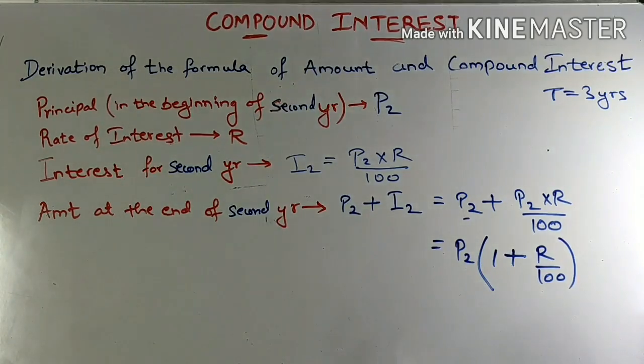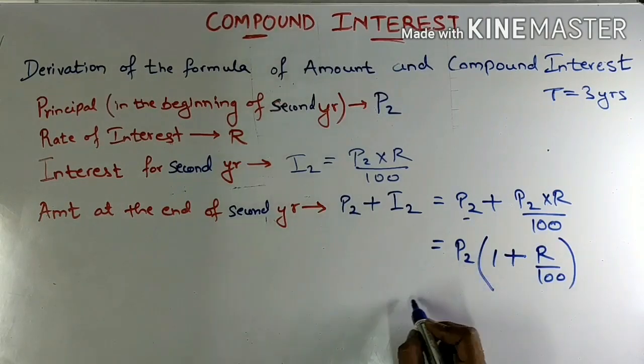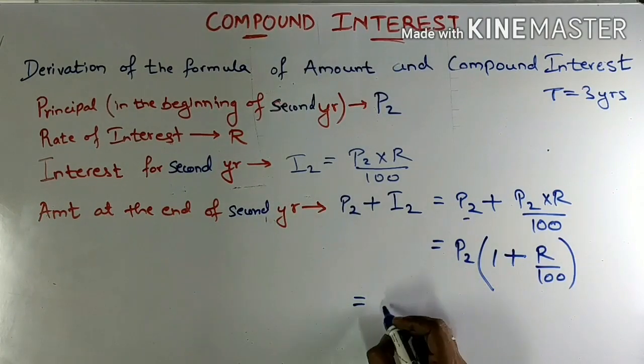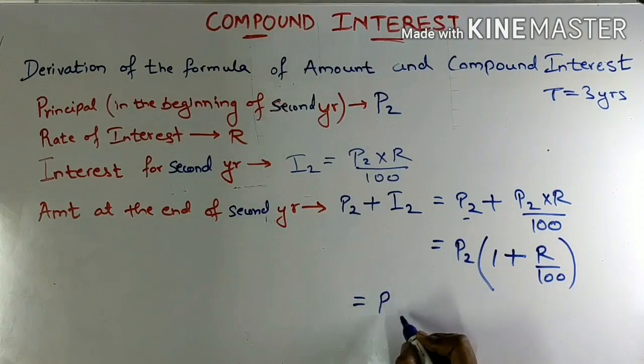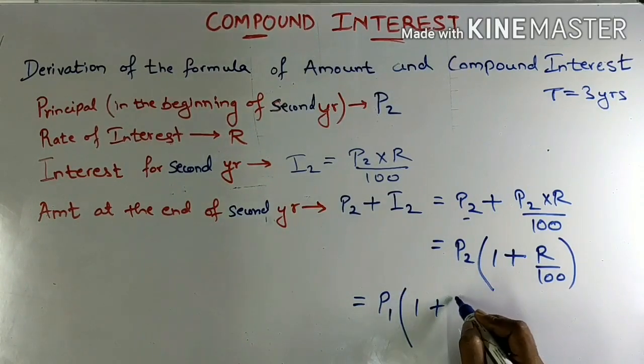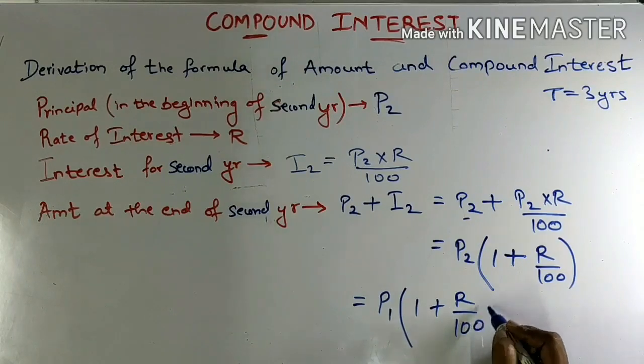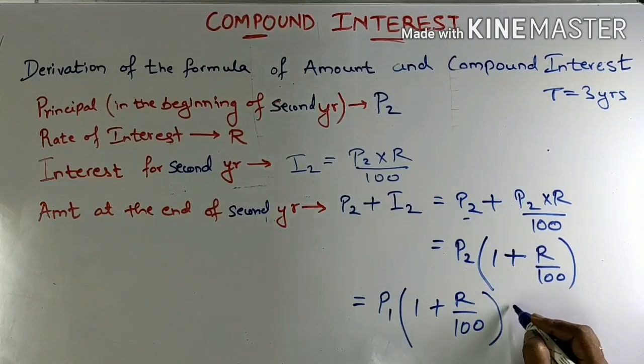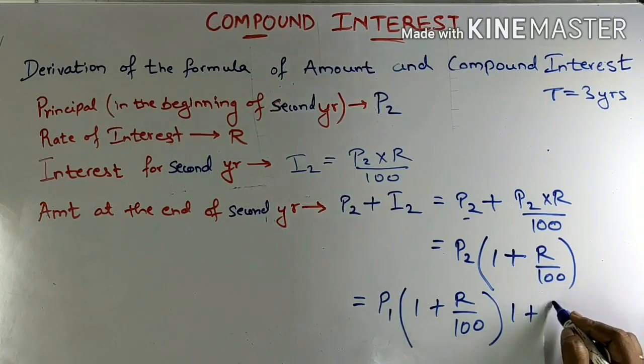But if you see, P2 is nothing but from the previous step P1 into 1 plus R upon 100, and this bracket comes down as it is.